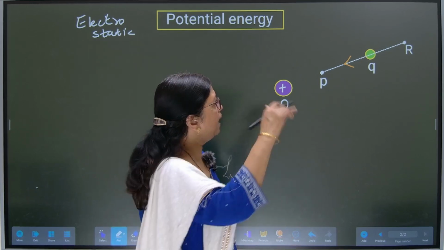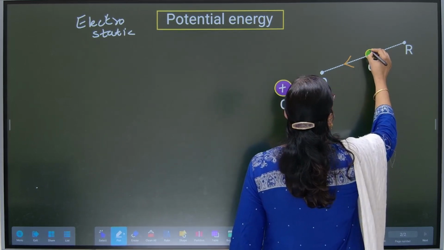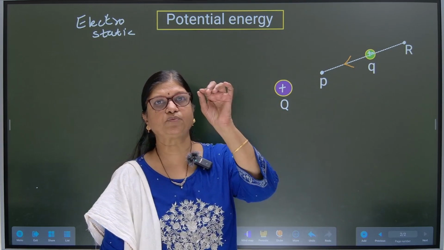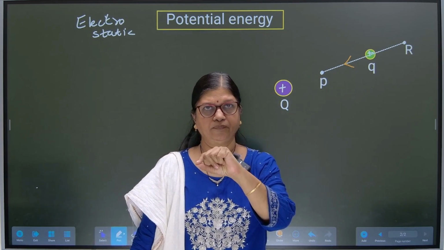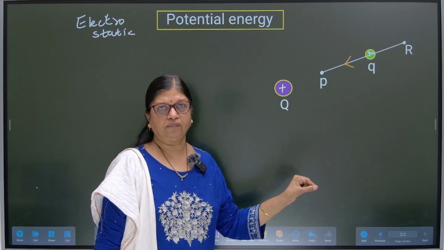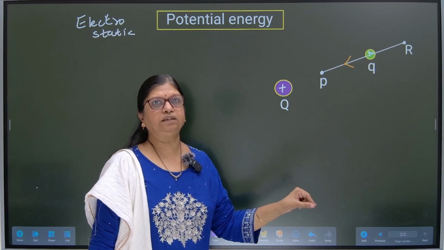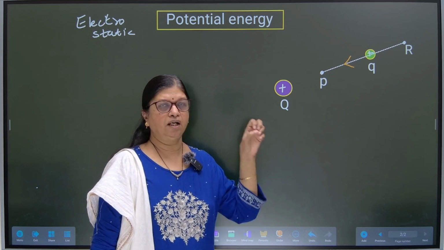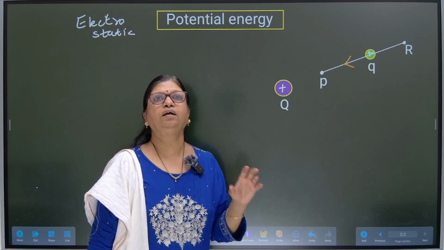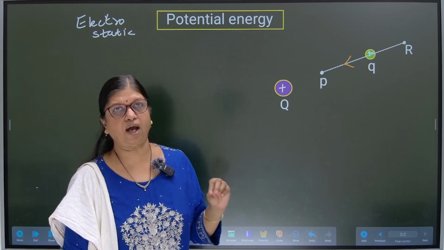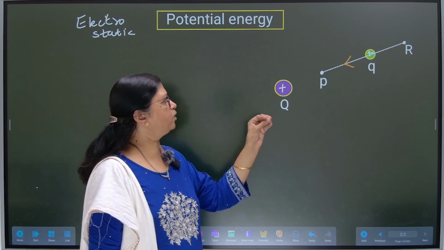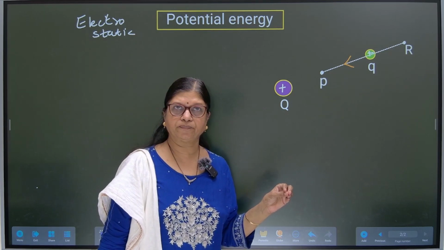And I have another charge, again positive plus q, which is very small compared to the charge plus capital Q. This is the charge which has produced the electric field which is required. That's why it is the source charge. Agreed? And it has a positive configuration.